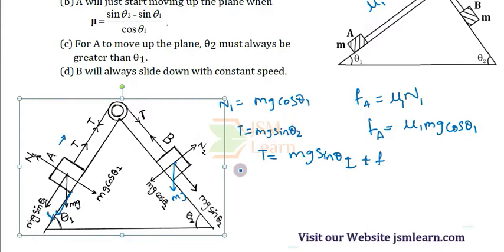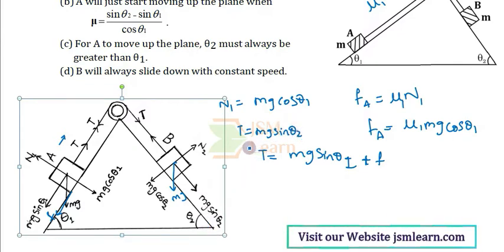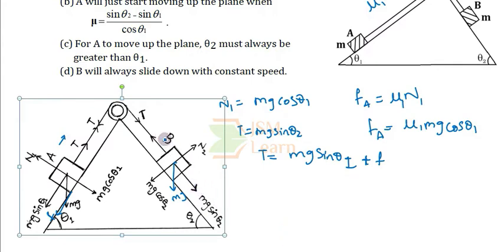Okay, we are equating both, because we know that the reason for generation of tension in this string is mg sin theta 2. So we are assuming that T is equal to mg sin theta 2, which is equal to mg sin theta 1 plus F. When I substitute here, mg sin theta 2 is equal to mg sin theta 1 plus F, and we know that F is mu 1 mg cos theta 1.